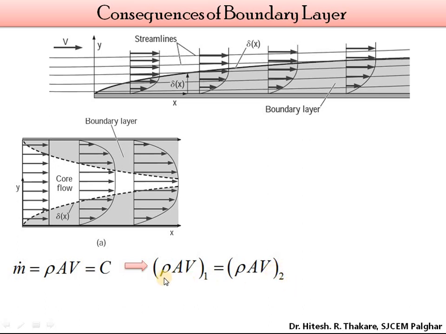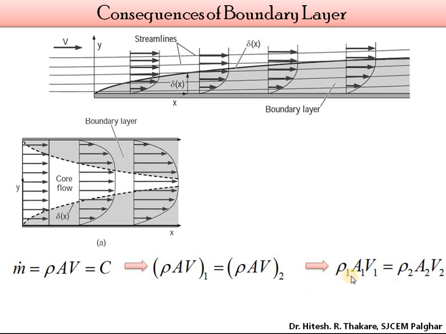Again, remember, individual quantities of the flow might change, but the total product has to remain constant if the continuity equation has to be satisfied. It means that when we express it further, density at point 1, area at point 1, and velocity at point 1, this entire product should be equal to the product of density at point 2, area at point 2, and velocity at point 2.